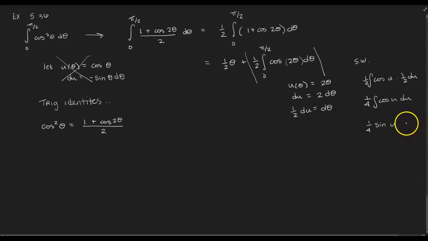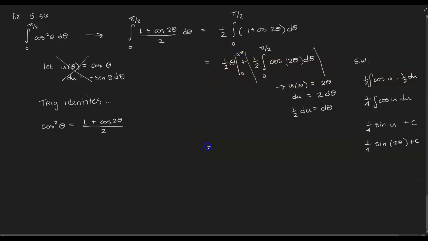And I don't have any bounds on here, so I would call that an indefinite integral, say that it's plus c. And then we have our choice. We can replace u with the function of theta. So we could write this as 1/4 sine 2 theta plus c. And we can say, oh, well, now we know the antiderivative for that function. We can use the fundamental theorem of calculus to evaluate between the bounds 0 and 2 pi.